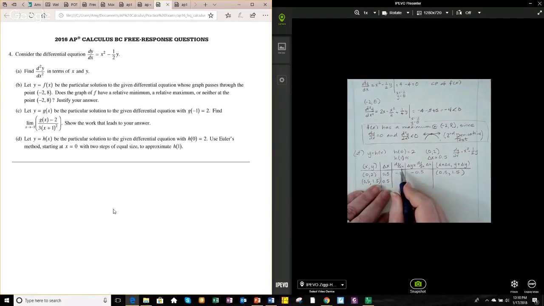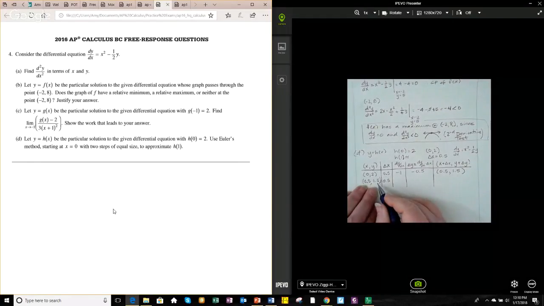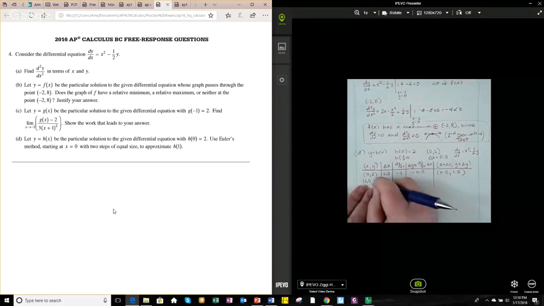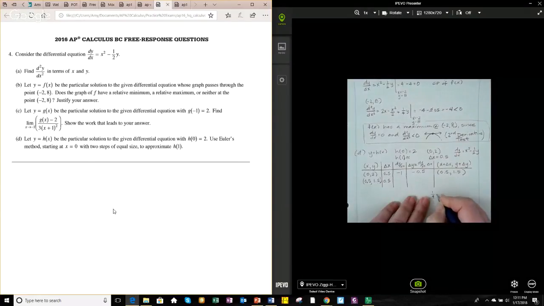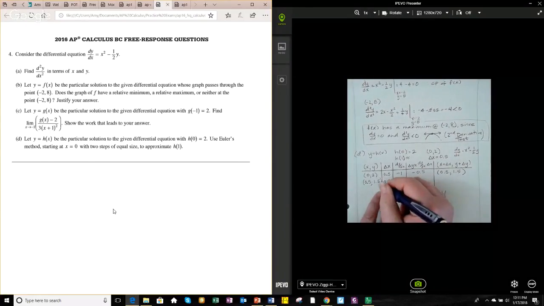And then dy/dx, I'm going to use this point to find the slope. All right, which means 1/2 squared is, I'm going to have to do some calculations here. 1/2 squared is 1/4 minus 1/2 times y here is 3/2.